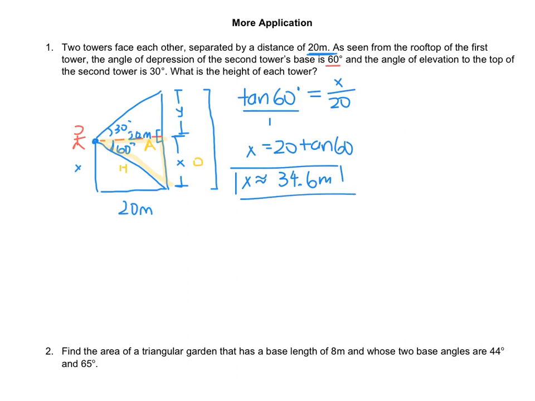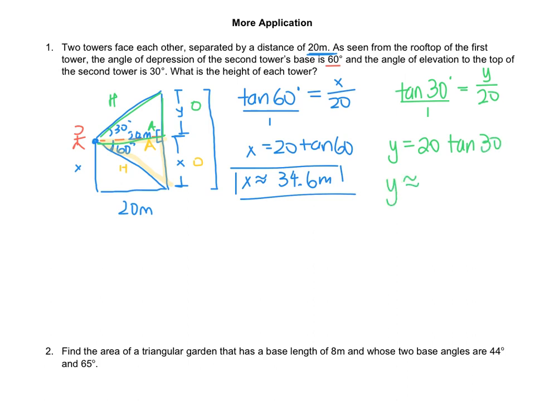Now we can look at our top triangle here where we're looking for Y, but now we're using 30 degrees as our reference. So Y is opposite, 20 is still adjacent, and the hypotenuse is the blank side. So now once again, opposite and adjacent is tan. So we're going to have tan of 30 degrees equals opposite over adjacent. And again, we cross multiply here.